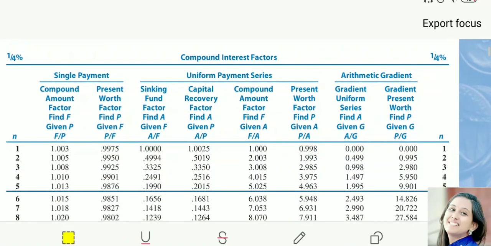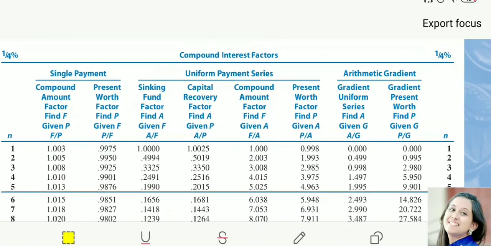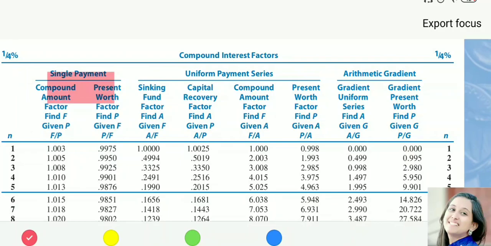To understand in a much better way, you are learning single payment, and in today's class you learned compound amount factor and present worth factor. You have seen F by P, how to use it, and P by F, how we are using it.